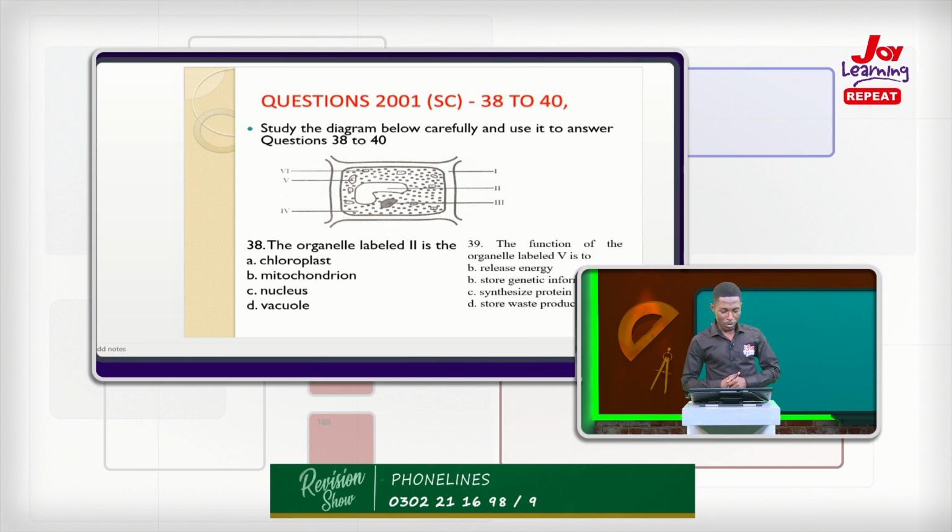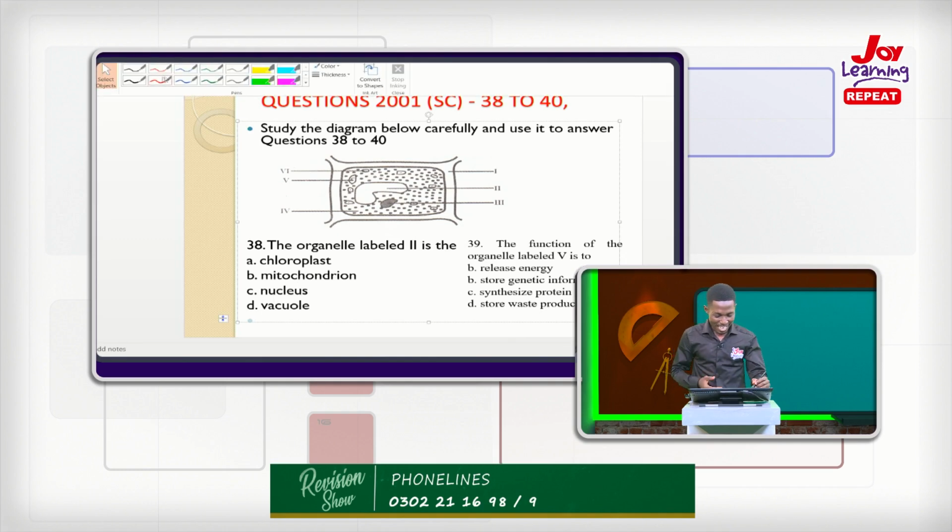The organelle labeled II. Look at where it is, look at the size, and that's the trick. It is a vacuole. D. Correct. That's the answer. It's a vacuole. Then the other one, 39, can you try for us? Yes, sir.